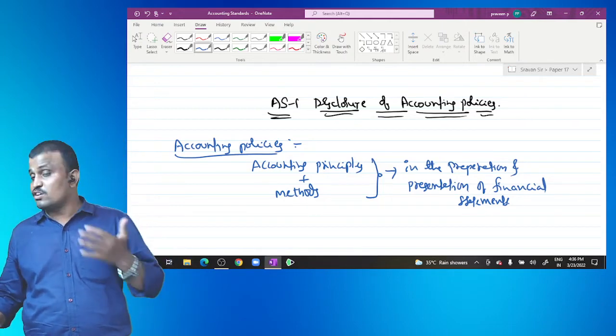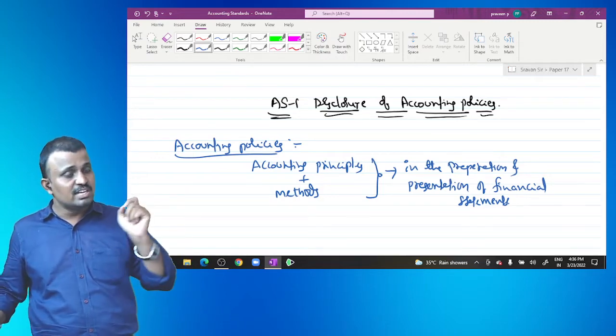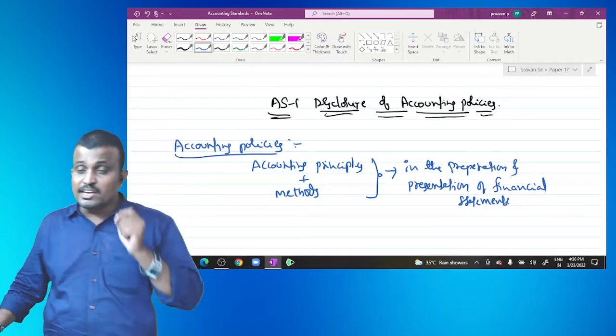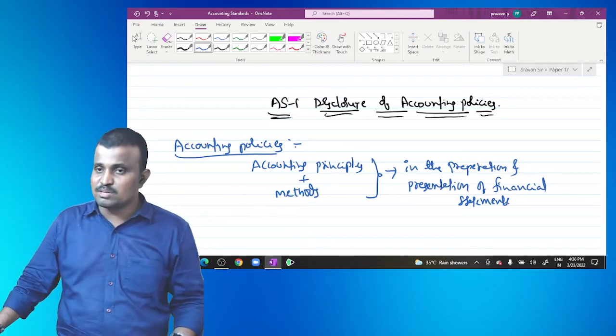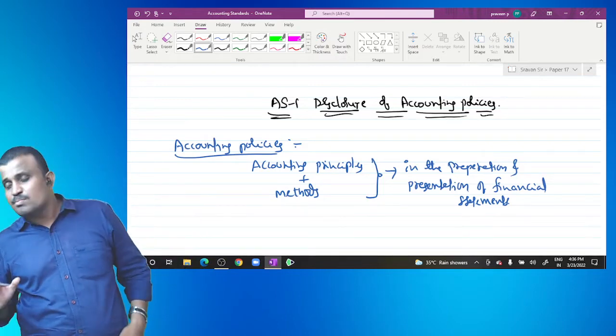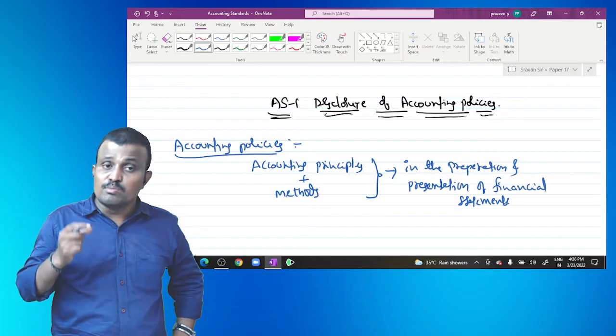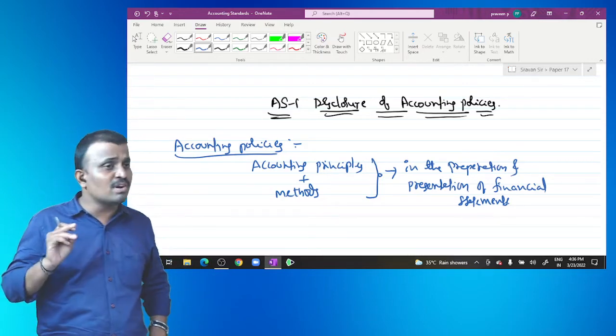In inventory, we have the FIFO method, weighted average price method, and simple average price method. In a construction contract, we may use the percentage of completion method or the 100% completion method.